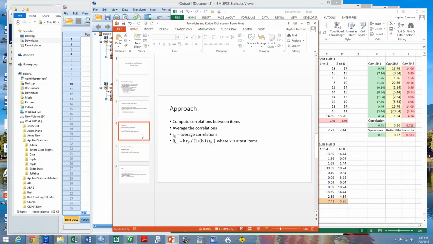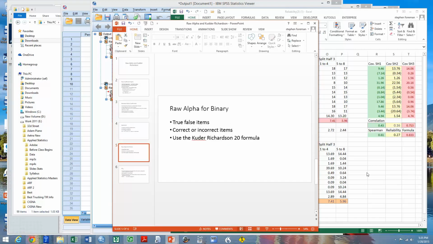Okay, so what about tests where the results are true, false, or correct or incorrect? A multiple choice test. Well, now we don't have values or scores. We're going to be right or wrong. We're going to be in a 0 or 1 world. And so the approach to that is we use a Kuder Richardson 20 formula.